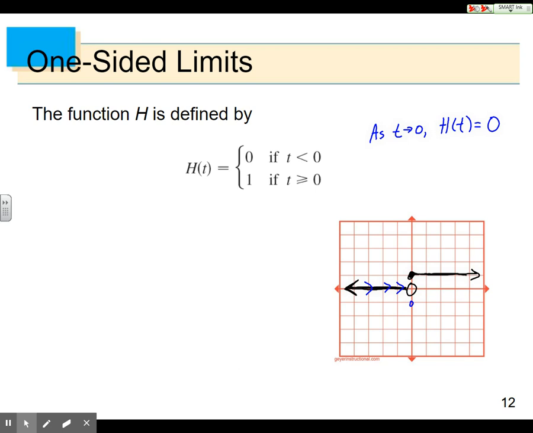Whereas if I come up here, and I get closer to 0 from the right, again, I'm not worried about what it's equal to or not equal to. I'm interested in what value I'm getting closer to as t approaches 0.